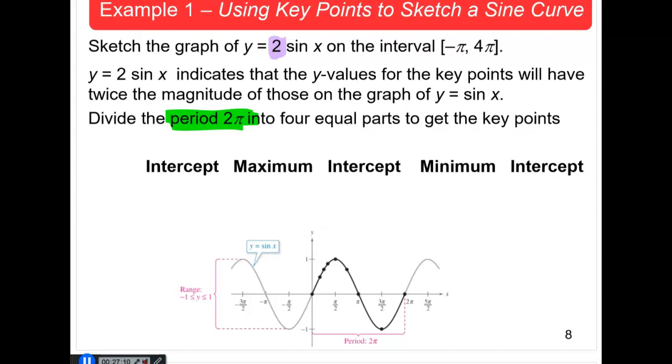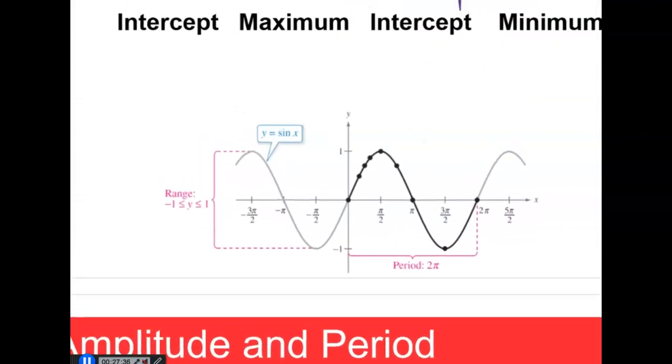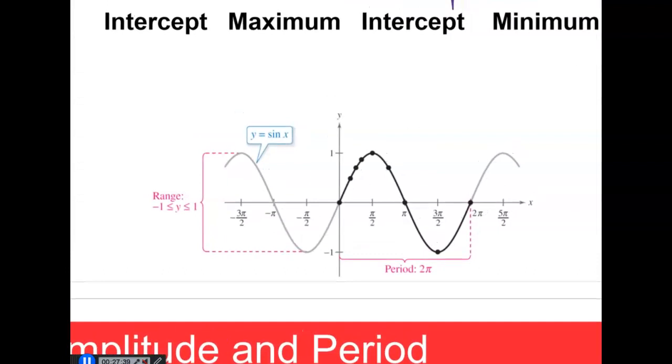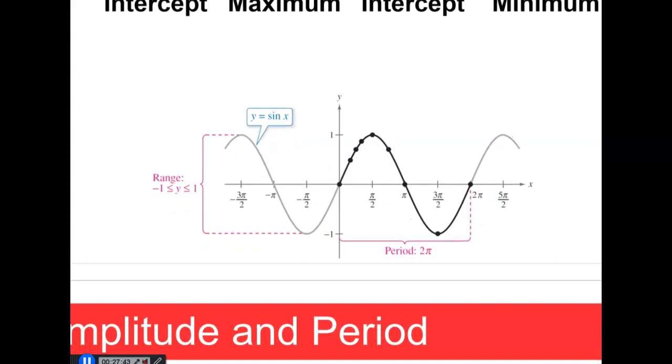So let's try to do this. So let's actually write down what the amplitude will be. So the amplitude is equal to 2. Okay, so what this means is that from our parent function, we're going to have to graph something that will be extending a little more in the vertical direction.